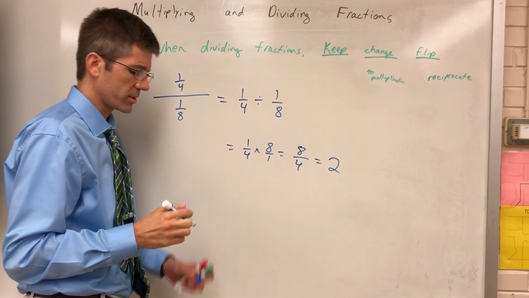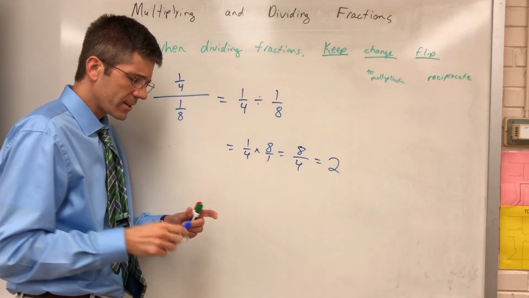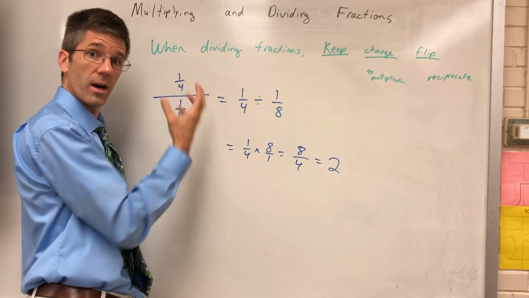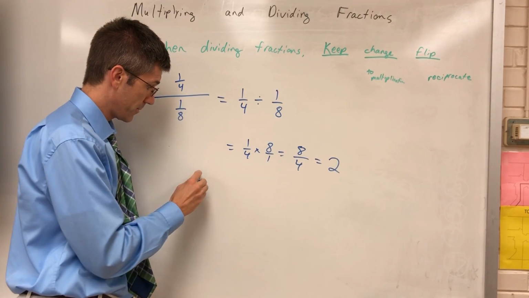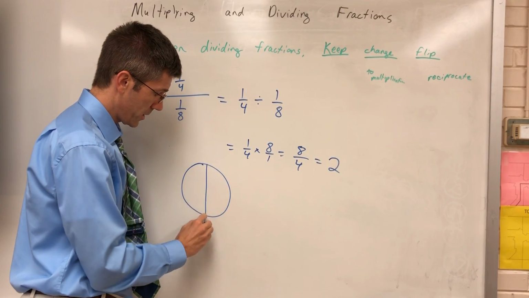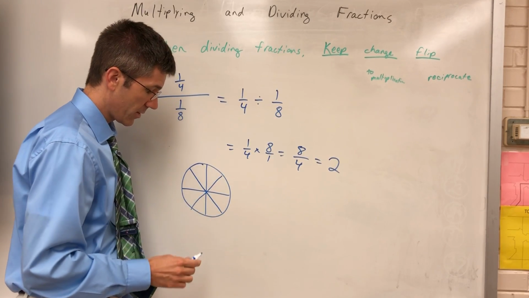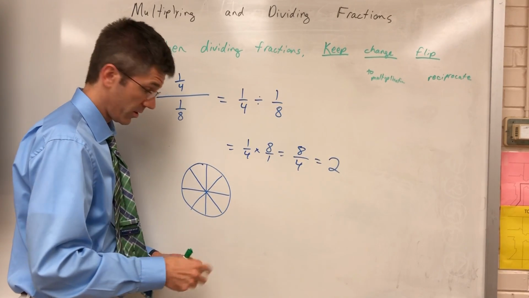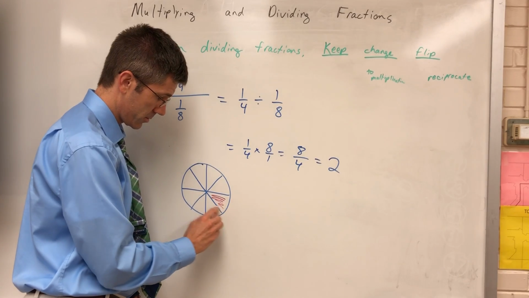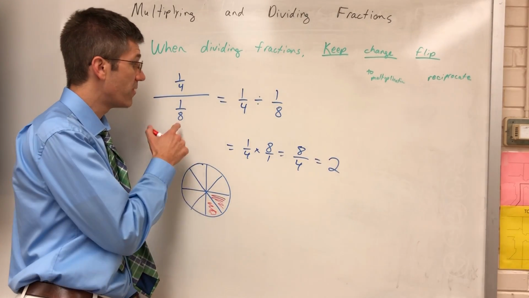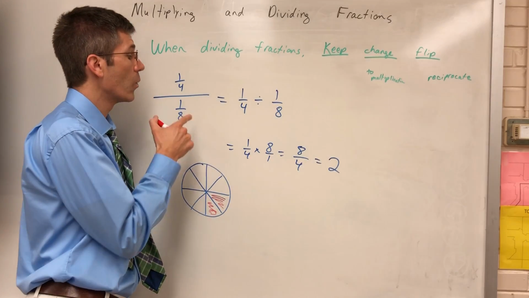Let's think about this one for a second. This one kind of makes a little sense if we think about it. So I have 1/4 of something. If I have a piece of pizza, it's divided into 8ths, and I have 1/4 of it. I have these two slices right here, right? And I'm going to divide it by 1/8.